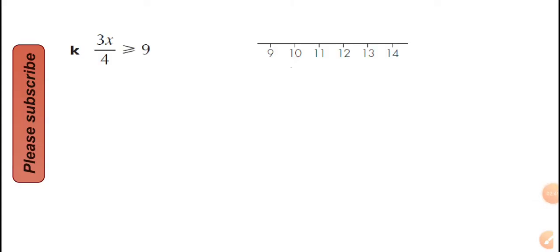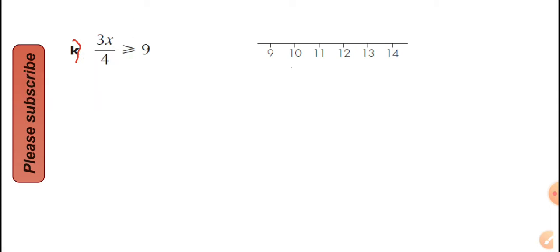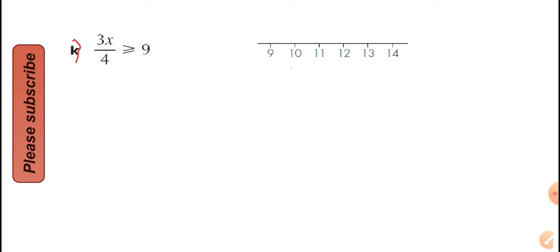Question K now. We want to get rid of this x here. So to do that, we have to first of all get rid of this divide 4. So to get rid of this divide 4, we're going to times 4 on this side, and we're going to times 4 on this side.